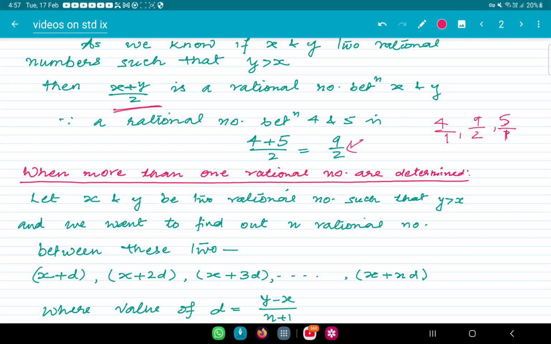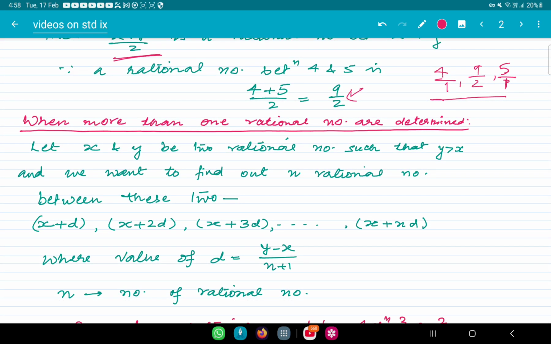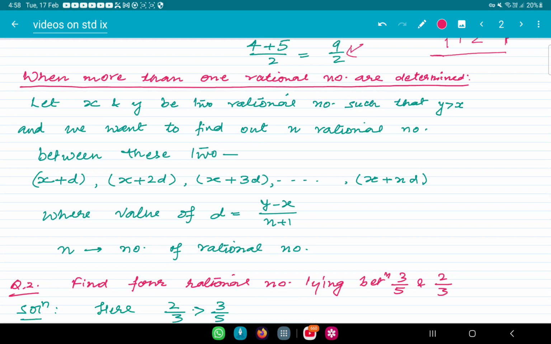Here we put only one rational number between the two given numbers. If we want more than one rational number, what will be the process? For this, let x and y be two rational numbers such that y is greater than x, and suppose we want to find n rational numbers between these two.